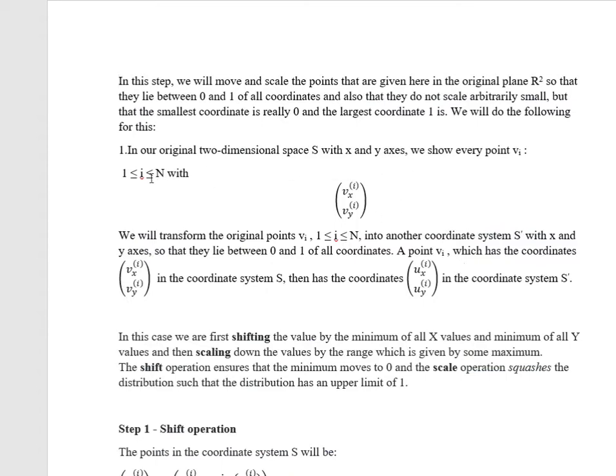So we have endpoints. We show the points in our original system by v. So if we have v_x_i, it means the x dimension of point v, and i lies between 1 and n. It means we have n points in our system.